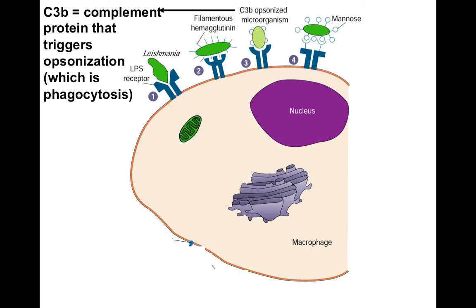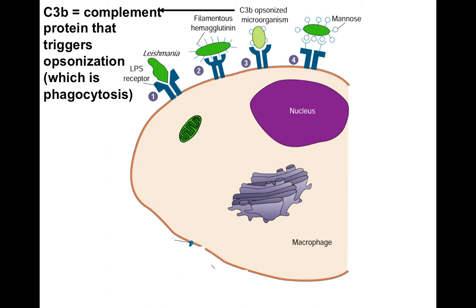So for gram-positive bacteria, what complement can do is it can act as an opsonin. An opsonin is a protein that can enhance phagocytosis. So I showed you that antibodies can act as an opsonin, and now I'm showing you that complement can act as an opsonin to enhance phagocytosis. So for gram-positive bacteria, the only thing that complement can do is enhance phagocytosis of the bacterium.